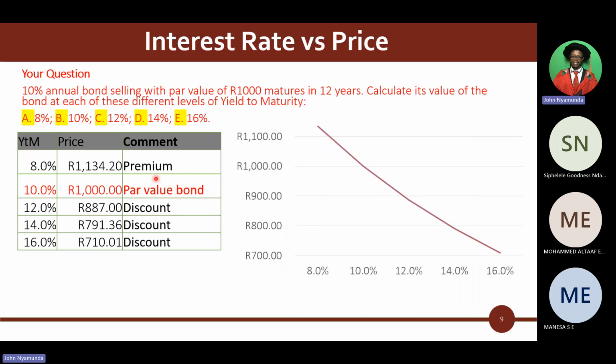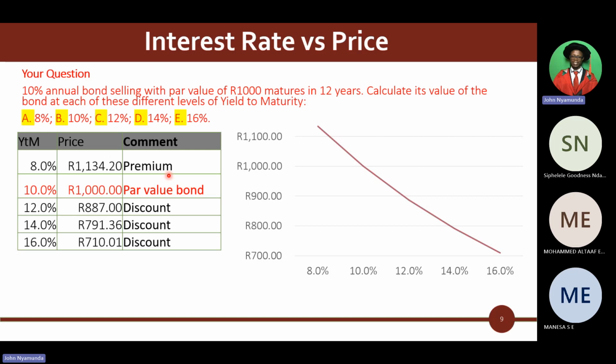Okay, so what I wanted to show here is that if the yield to maturity is lower than the coupon, the price of your bond is above the maturity value. We call it a premium bond.